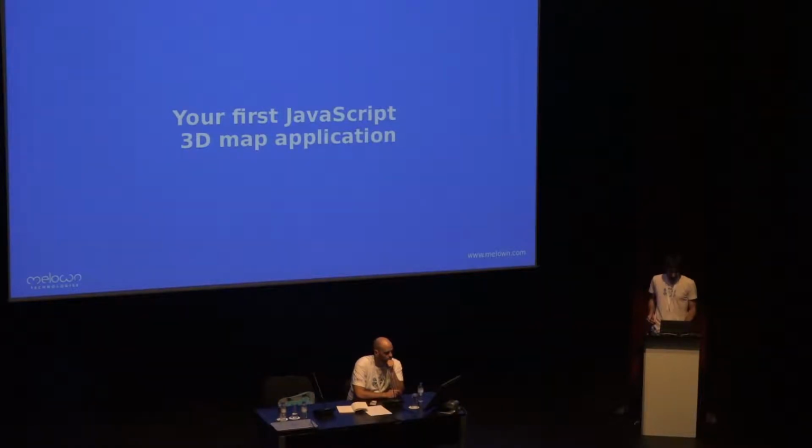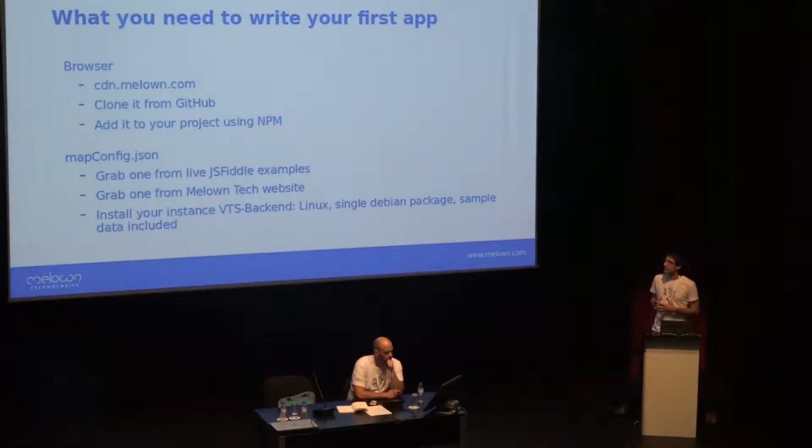So first, what you'll actually need to create the app. You need two things. You need the browser itself. You can either stream it or just download it from our CDN. You can clone it from GitHub. You can add it to your project using NPM if you develop in Node.js. Or you can just download a pre-built or minified library from GitHub and host it on your own.